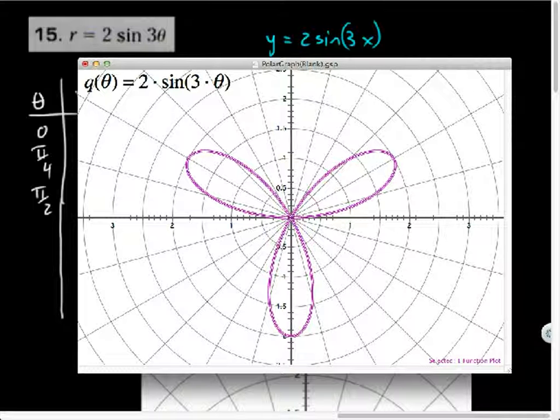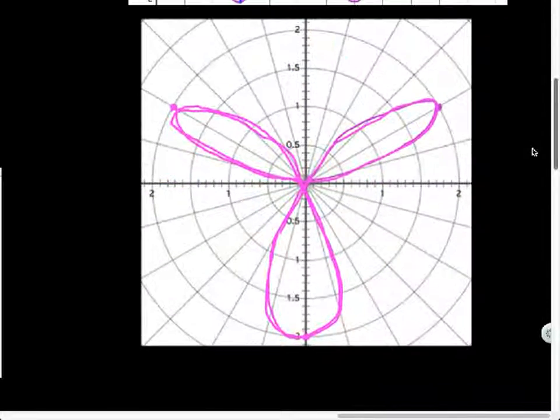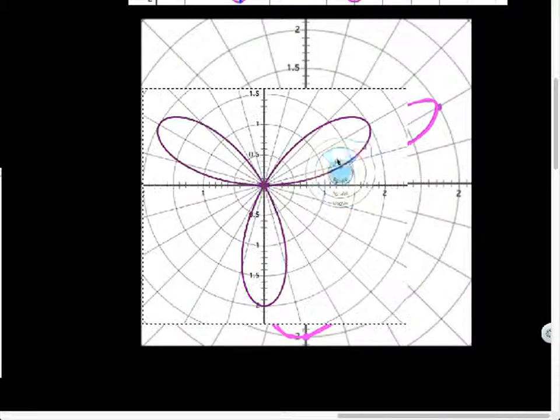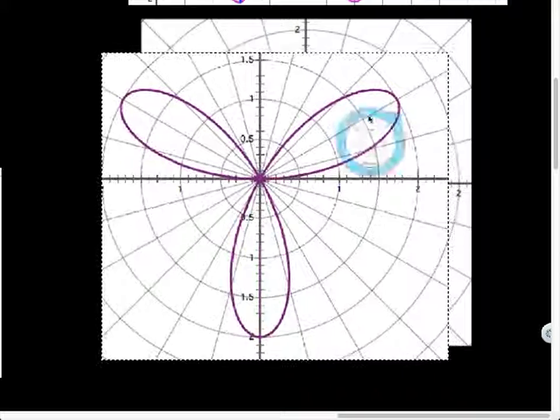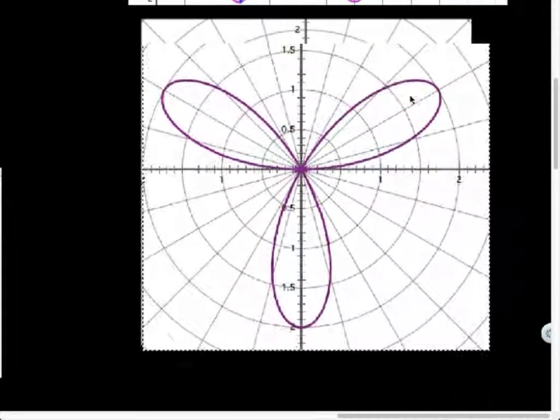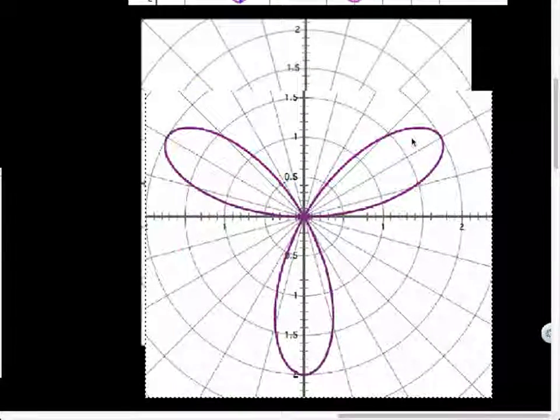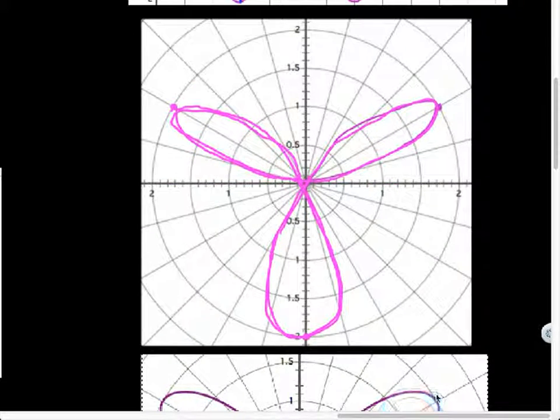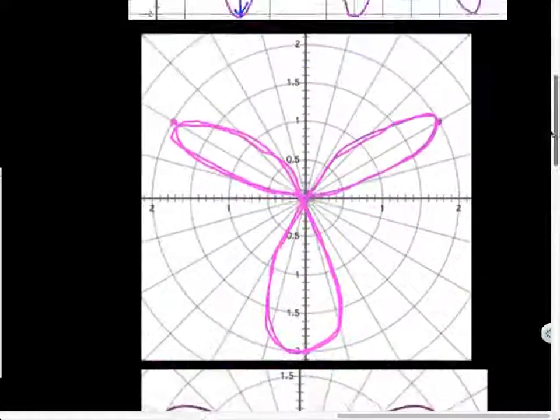So just to verify, right, you can see that this is actually not that bad. I was pretty close. Technology these days. So yeah, there you go.